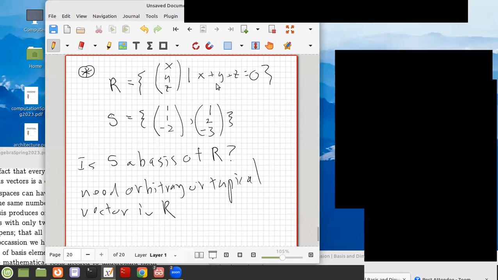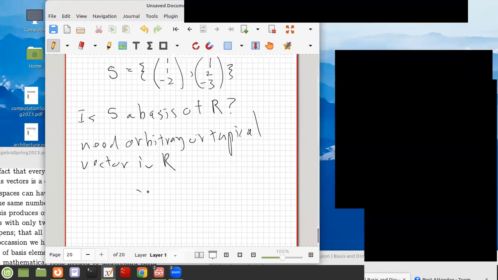Well, we have this constraint here. So we can parameterize R by solving x equals minus y minus z and write R equals minus y minus z, y, z such that y and z are any members of the reals.